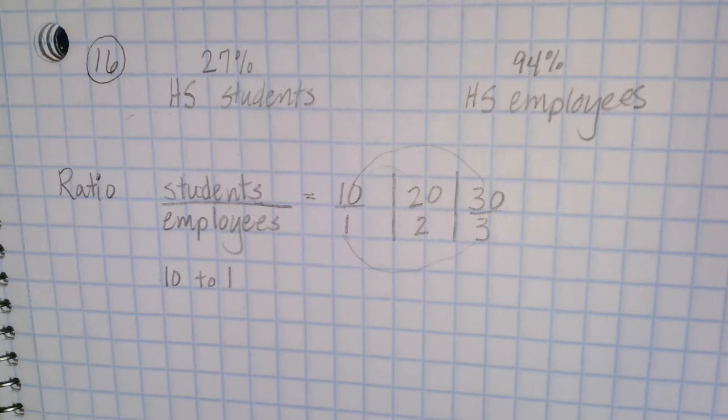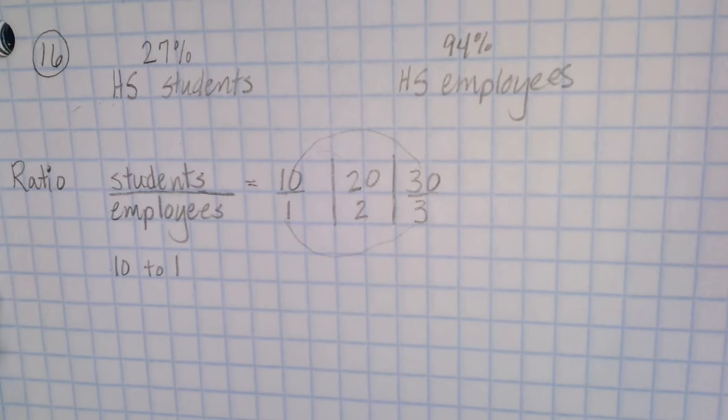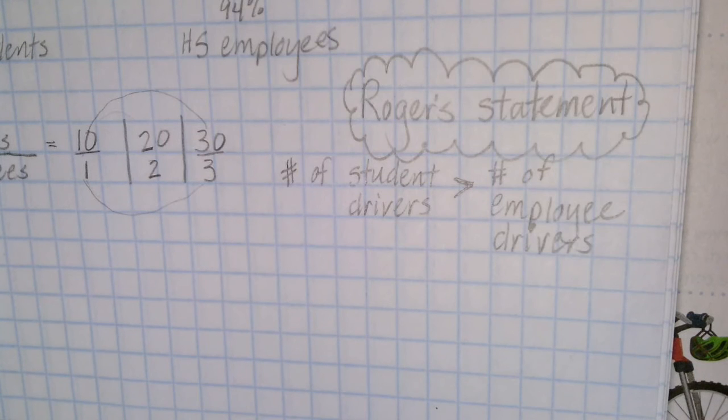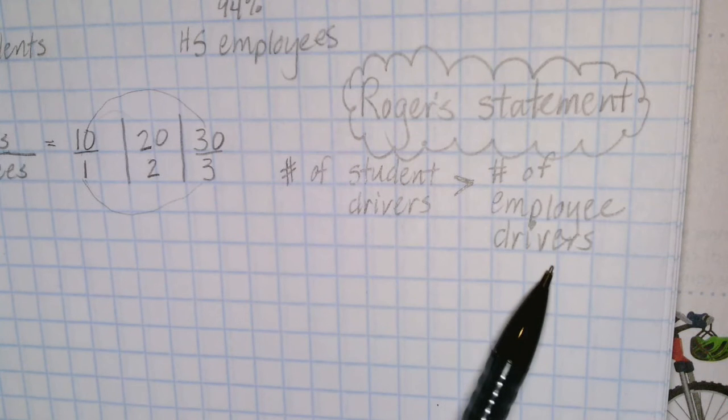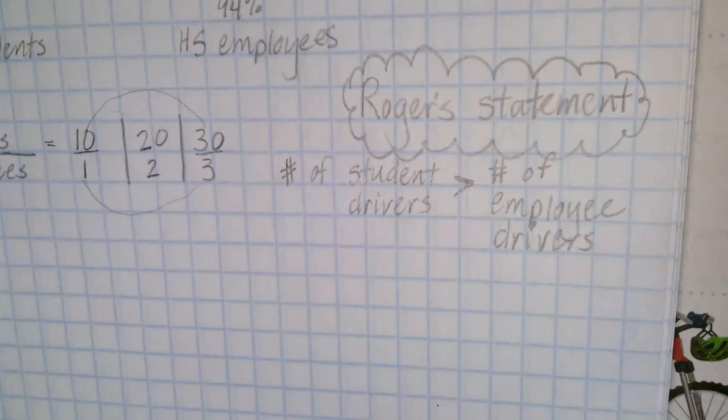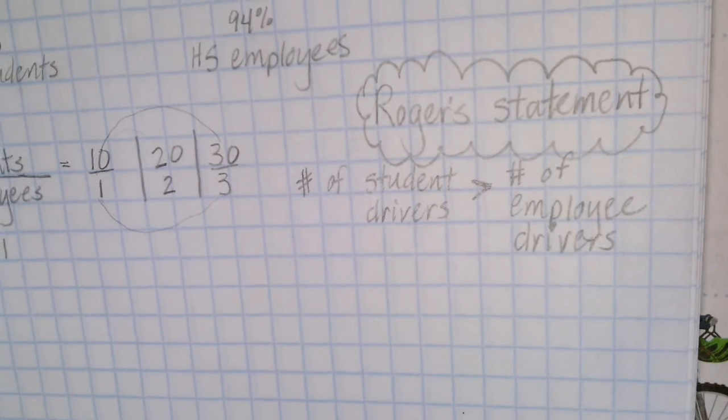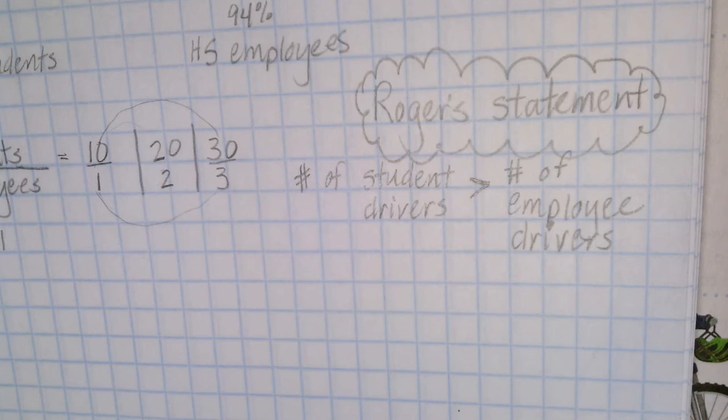So the question is, Roger made a statement. Roger's statement was that the number of student drivers was greater than the number of employee drivers. You should pause the video and write that down.